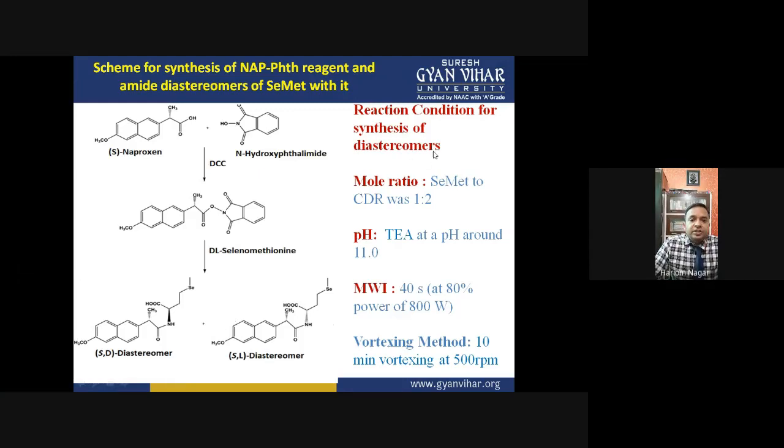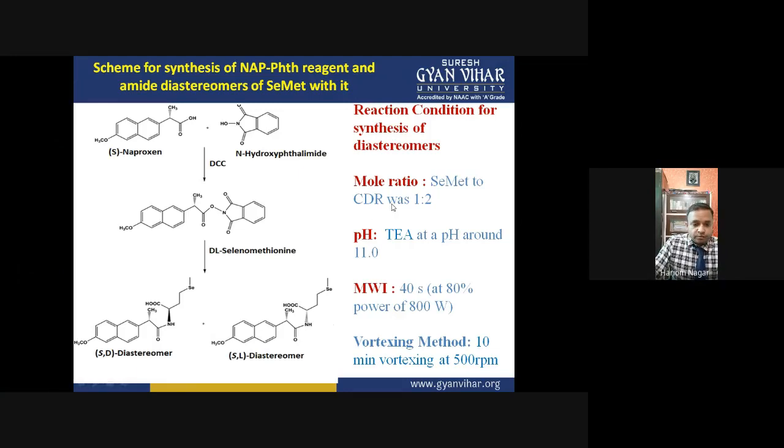These are the reaction conditions for synthesis of the diastereomers. The mole ratio of selenomethionine and the CDR was taken as 1:2 to prevent kinetic resolution. Kinetic resolution means the DL enantiomers interact differently with the reagent. There could be a possibility that one enantiomer reacts too much while the second enantiomer is left over.